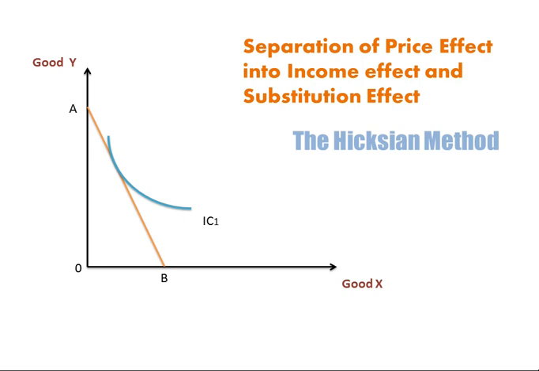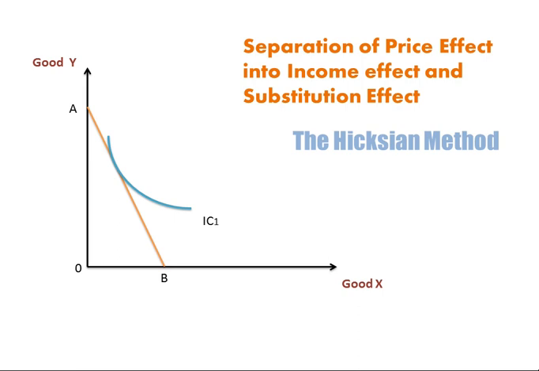This is the indifference curve, IC1, that simply shows various combinations of two goods, good X and good Y. Whatever point you are on the indifference curve, that point shows a combination of good Y and good X, but the consumer is getting the same level of satisfaction.